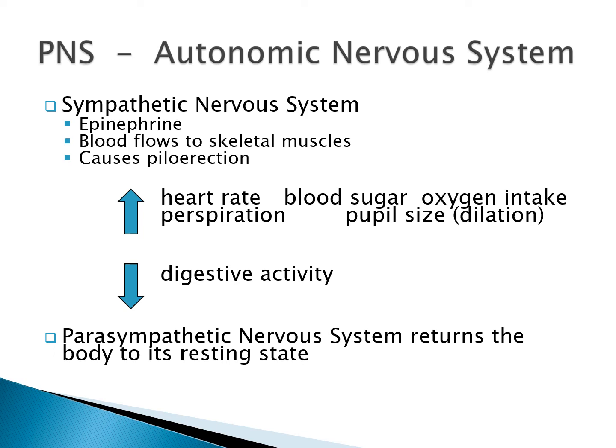All of this allows for increased activity if needed, whether we need to fight or flee. And of course, our pupils dilate as well. It also decreases digestive activity. It's really taking the energy from that resting state of when we're digesting, as that's a big part of what we're doing when we're resting, and moving it so that we are ready to move quickly if we have to.